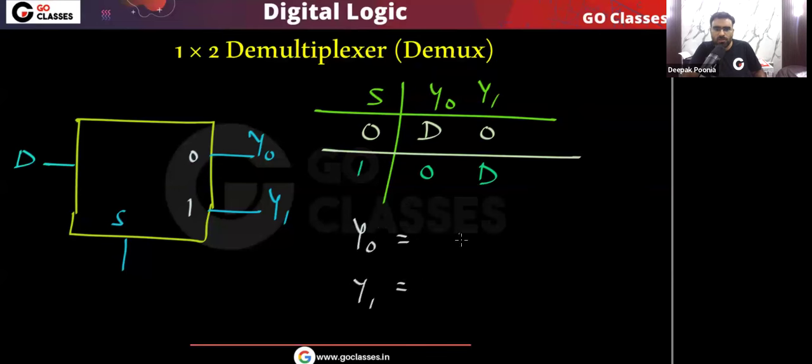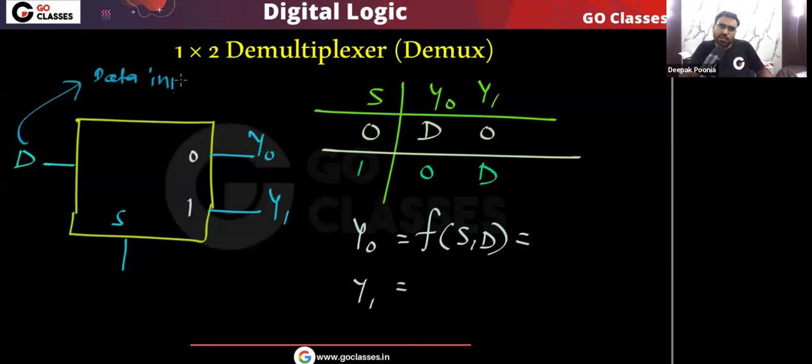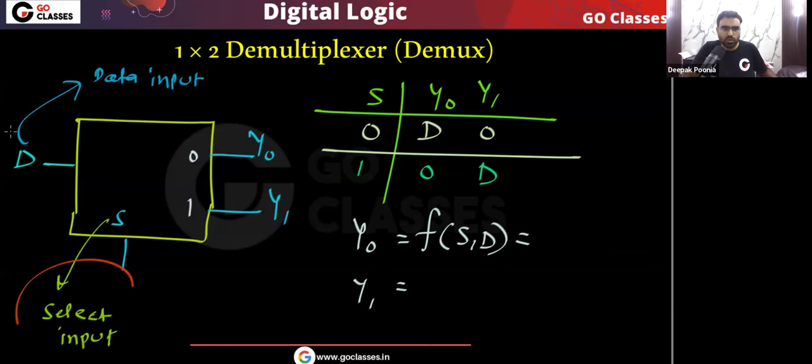What is y0? Remember, y0 is a function of two things: select line and data input. Yes or no? Because this is the data input, and this is the select input, and remember the output is a function of all the inputs.